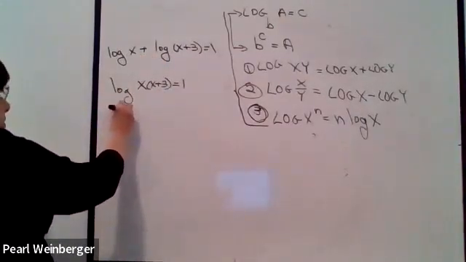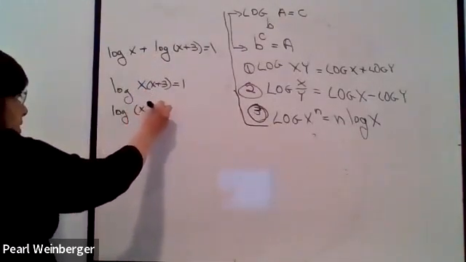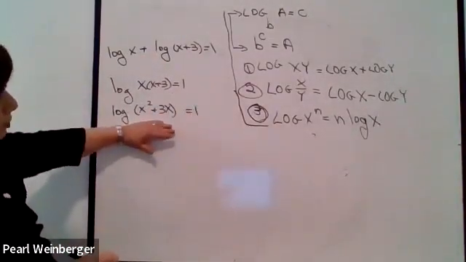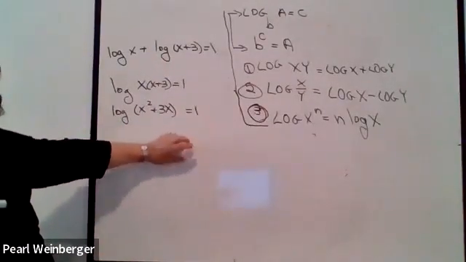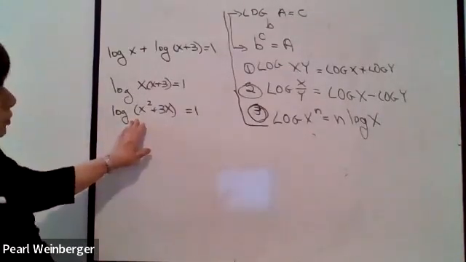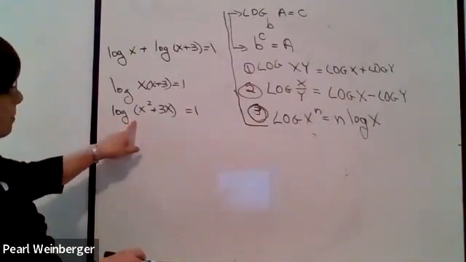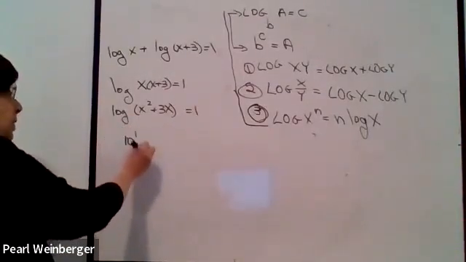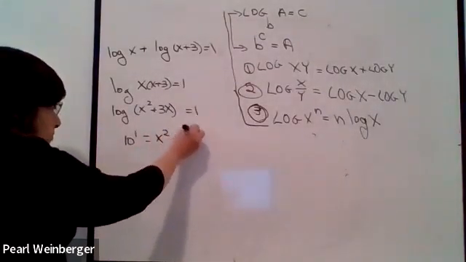So using the distributive property, this gives me x squared plus 3x. And now, since we have a single log equaling a number, we can go from the log format to the exponential format. And we see there's no base written in here, which means we're dealing with common logarithms, and my base is understood to be 10. So this is 10 to the 1 power equals x squared plus 3x.